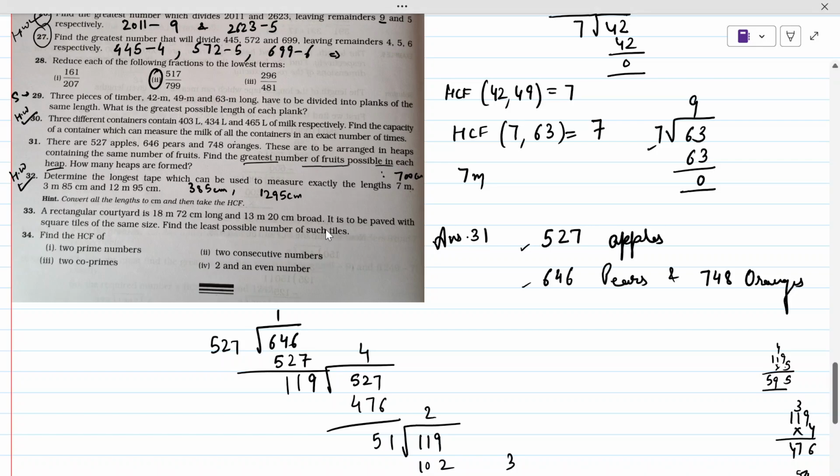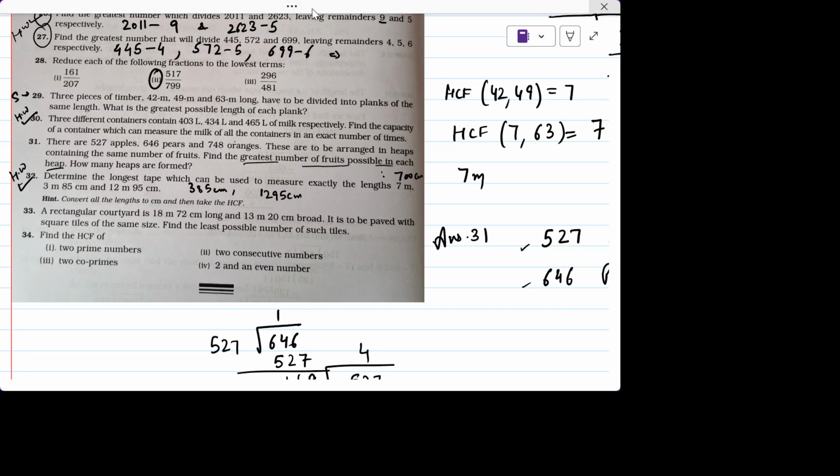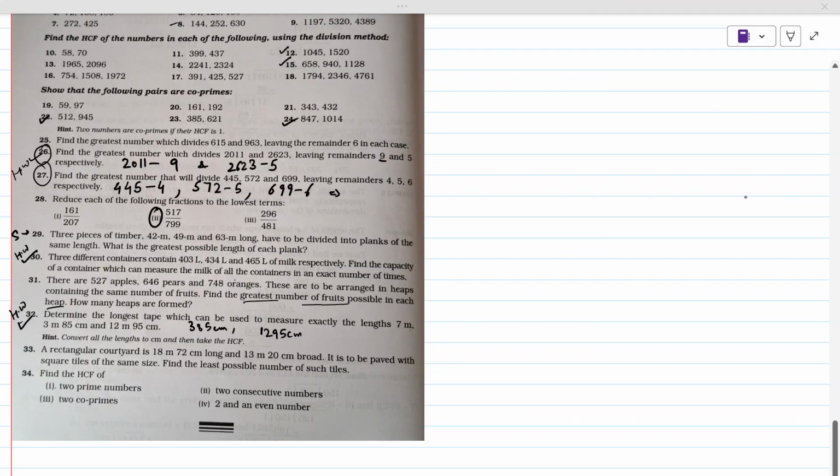So what we have to do first is convert them into one single unit. I'm not solving this, but I'm giving you the complete hint and I want you all to do this as homework. So how we have to go about this question is, answer 33. The length of the courtyard is 18 meters 72 centimeters.